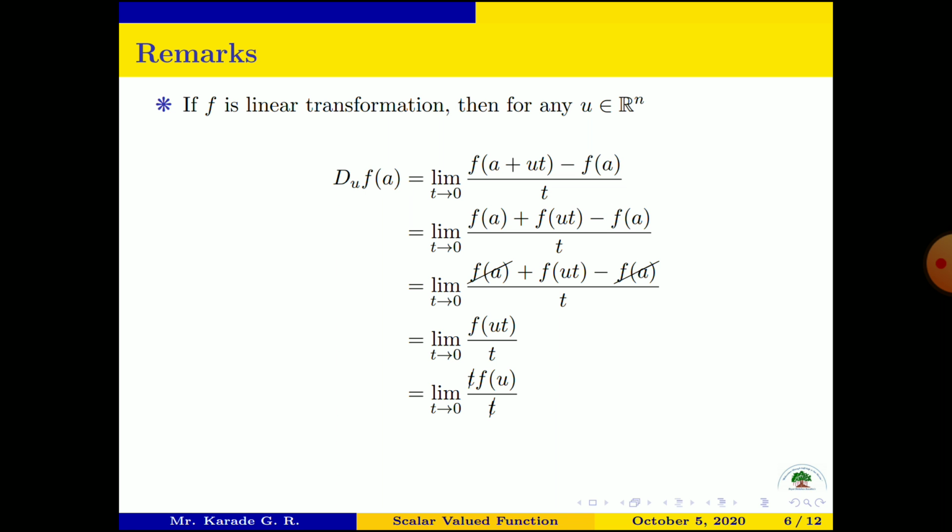That's why the limit of a constant is that constant itself, and finally we get f of u. So if f is a linear transformation, then its directional derivative at a point a in the given direction of u is f of u. This is about the directional derivative of linear transformation f.